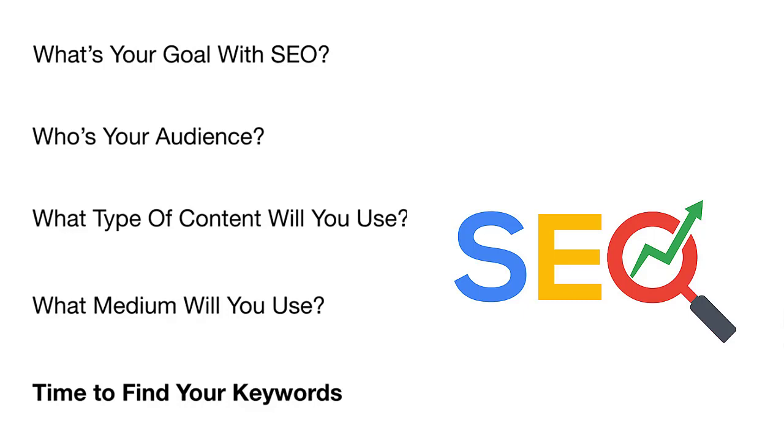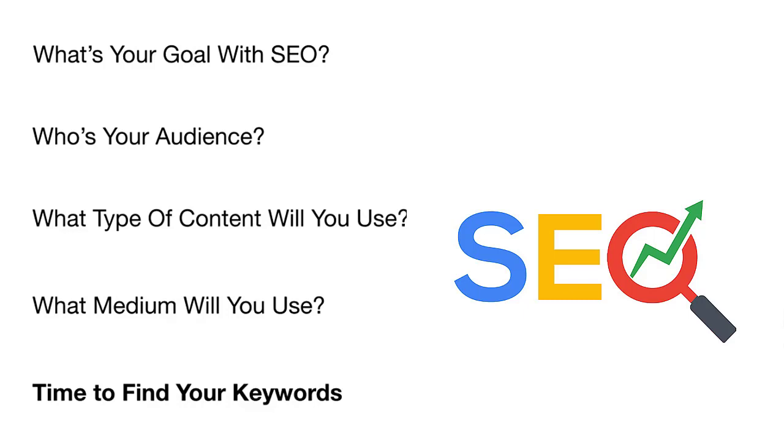Also, what type of content we have to create for specific users or a specific audience is very important. And one more very important thing is what medium we have to choose.